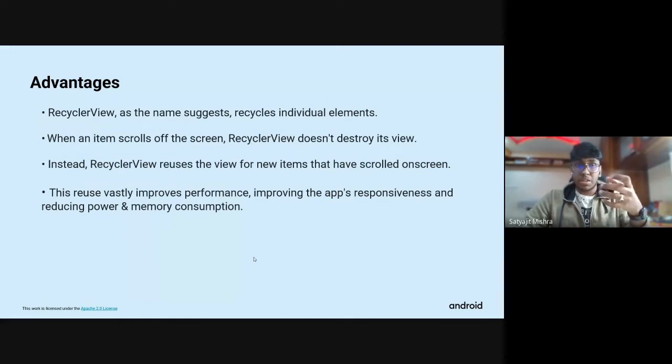You cannot see it, but that is exactly what happens. It reuses that view with the new data. So every time you scroll, the elements that are not visible to you are reused below. That is how it recycles every individual element on the screen.